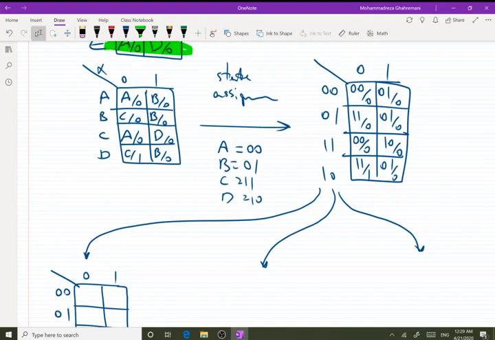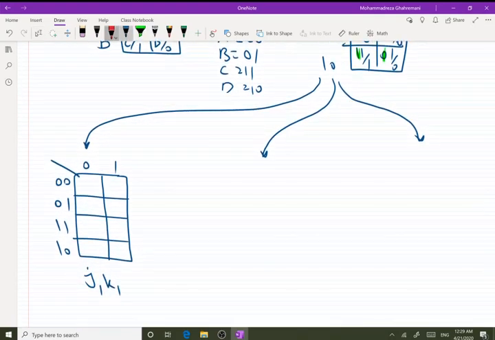So we start with Y1, which is this digit, and the first digit inside each cell is for Y1.